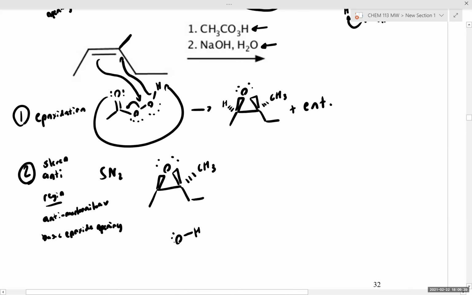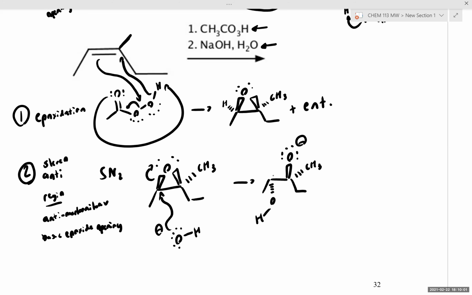Okay, so hydroxide is going to attack at the least hindered carbon, and it's going to open our epoxide. That in turn generates the following alkoxide intermediate, and our newly added alcohol is installed on the bottom face.